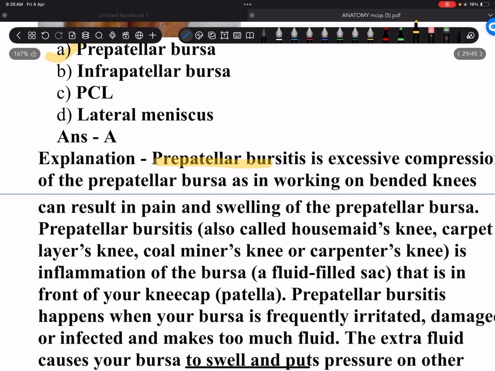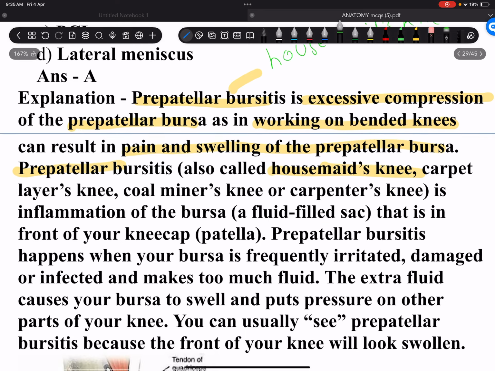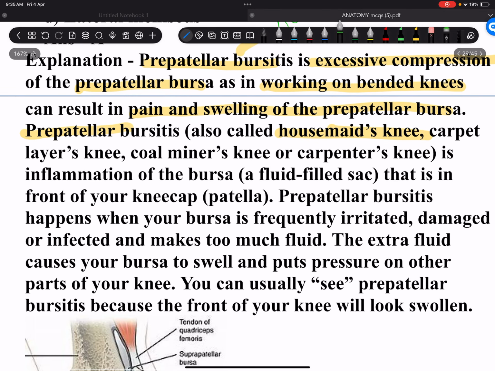Prepatellar bursitis is excessive compression of the prepatellar bursa, as in working on bended knees, which can result in pain and swelling of the prepatellar bursa. It is also called housemaid's knee, carpet layer's knee, coal miner's knee or carpenter's knee, and is inflammation of the bursa, a fluid-filled sac in front of your kneecap.